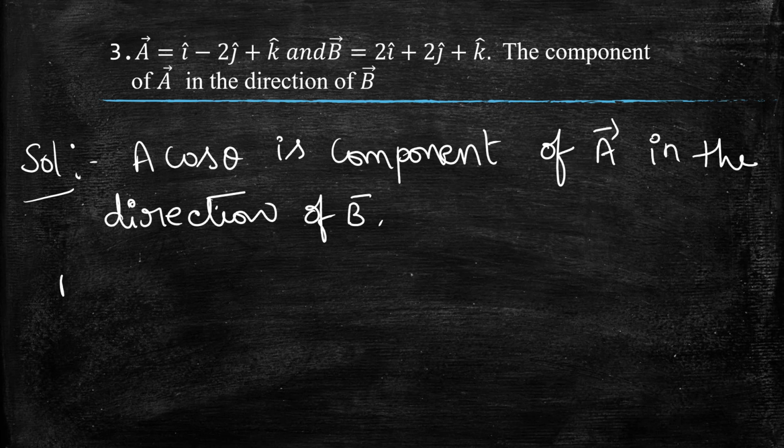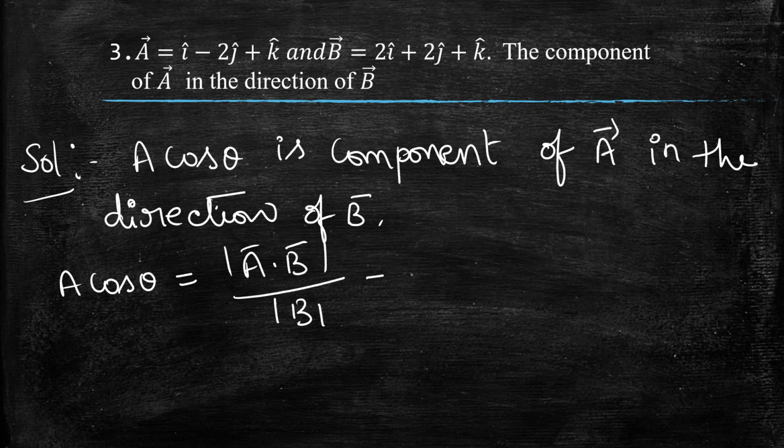That is, A cos theta is equal to A bar dot B bar by modulus of B bar. That is equal to A bar dot B bar. Given A bar is equal to i cap minus 2j cap plus k cap, and B bar is equal to 2 i cap plus 2j cap plus k cap.